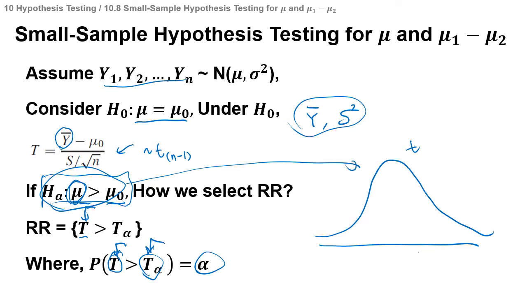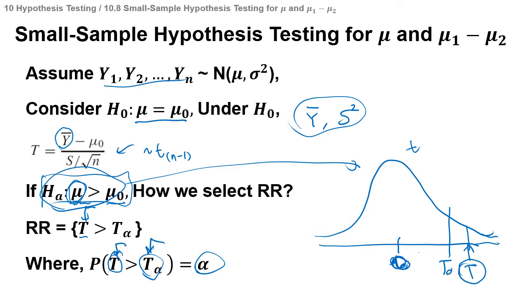Under the null hypothesis, mu is mu0, so this is the t distribution with mean 0, and we calculate the value t, probably here.